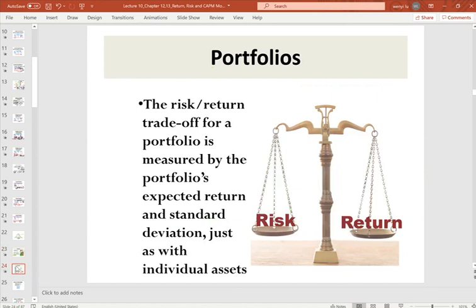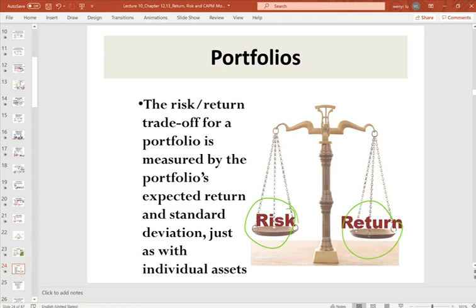So let's see the portfolios. When we study portfolios, we want to consider risk and return. Most likely, if you want a higher return, you must take higher risk. How can we make a compromise between these two, a trade-off? We don't want to take too much risk, but we don't want to sacrifice our return.